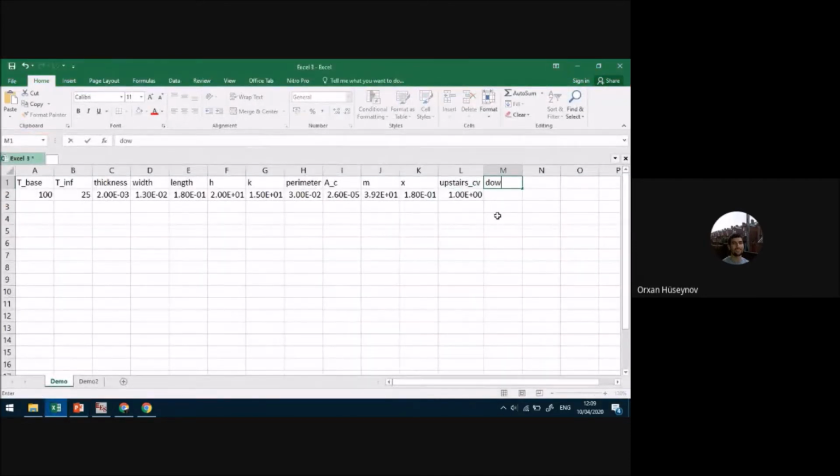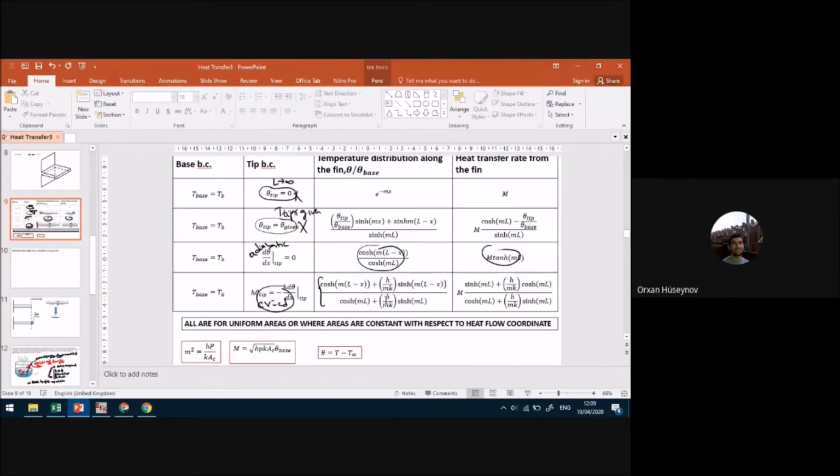Now let's count the downstairs. The downstairs of the convection formula, I will use this one: cosh M into L, plus, again H by MK, so H divided by, in the brackets, M into K, multiplied with sinh M into L. So let's calculate the formula.